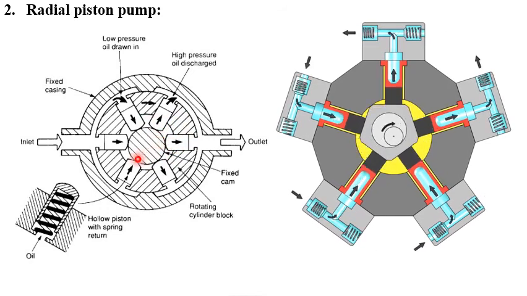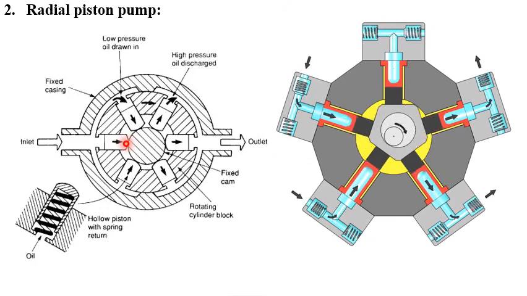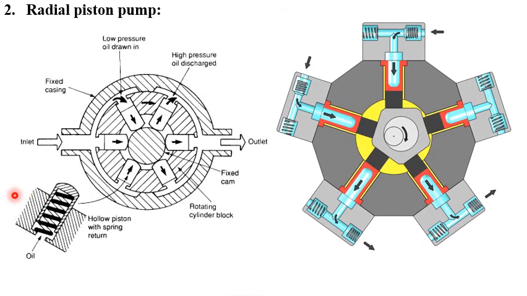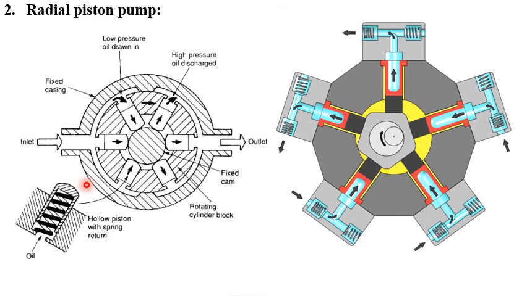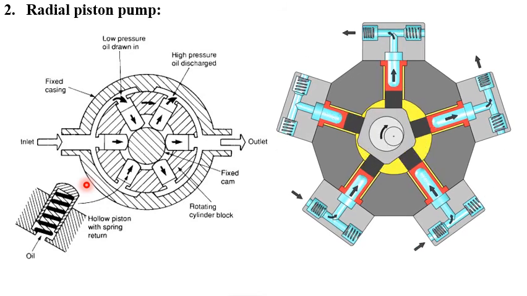As I told, there are two types of radial piston pumps. In the first case, in the stationary cylinder block radial piston pump, the cylinder block is kept stationary and reciprocating motion is imparted to the pistons by the rotating cam, and the outer cover is connected to the inlet and discharge through the check valve.